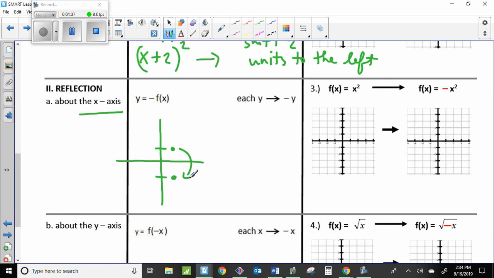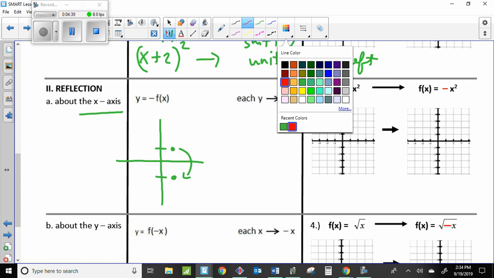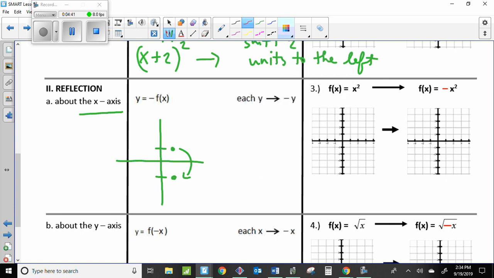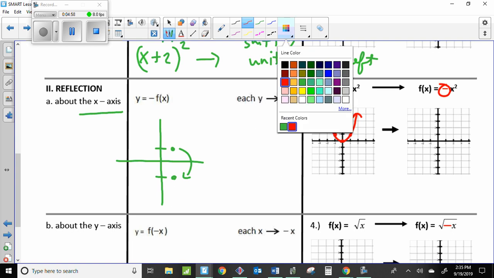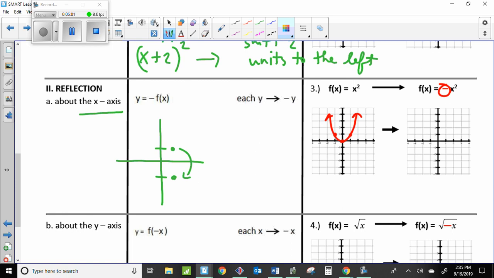Again, let me use the quadratic function as my example. So quadratic function is (0, 0), (1, 1), (-1, 1). And if I put a negative in front of my x squared, it will flip the graph upside down, which means that I am multiplying all my y values by negative.